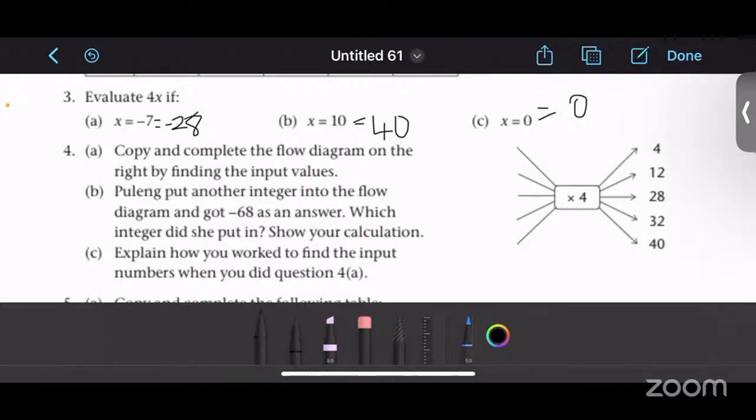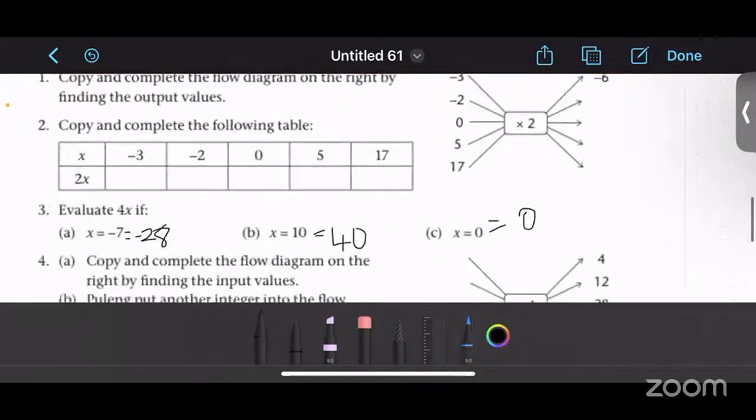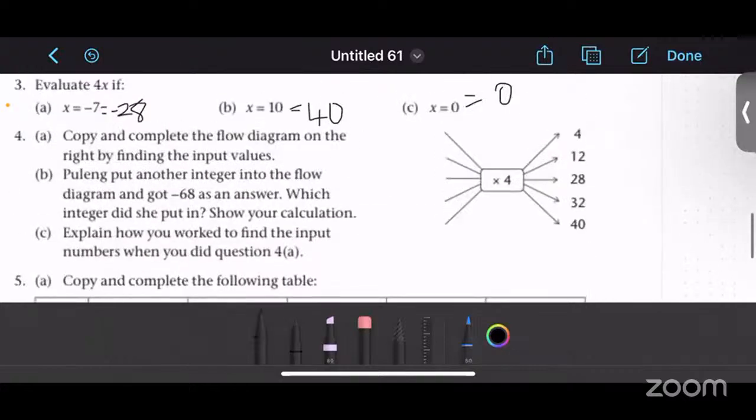And then let's go to 4. It says copy and complete the flow diagram on the right by finding the input values. Remember when we started, they were saying something about forward and backwards. So this time around, we're going to be thinking backwards, right?